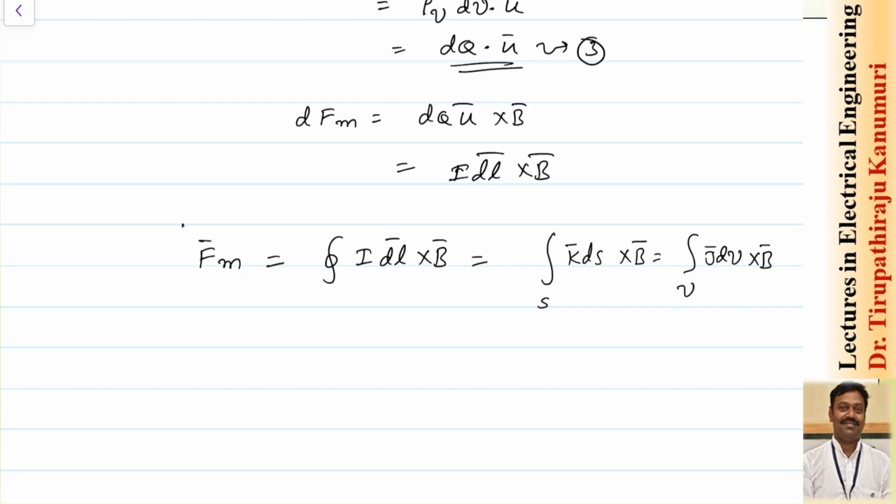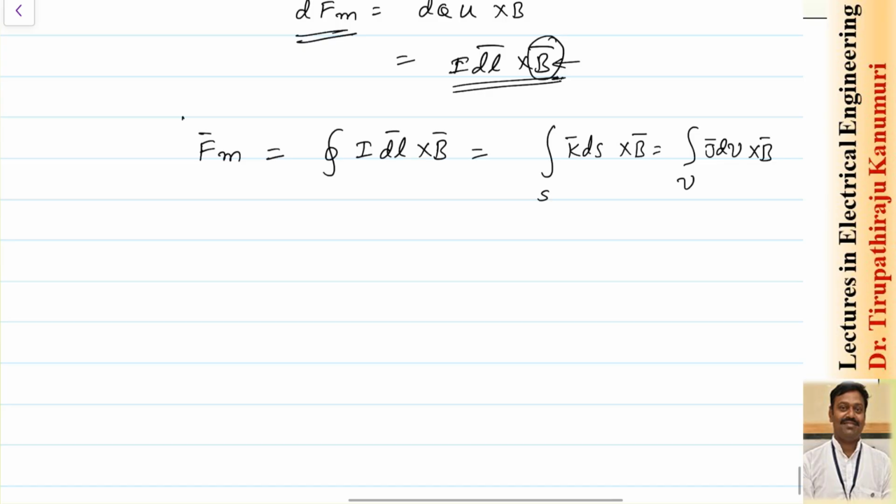Getting it? So now here you can observe from this equation dFm is equal to IdL cross B. From this I can define my magnetic flux density. Magnetic flux density is nothing but force per unit current element. This is another definition of the magnetic flux density. Let us assume the conductor is straight.